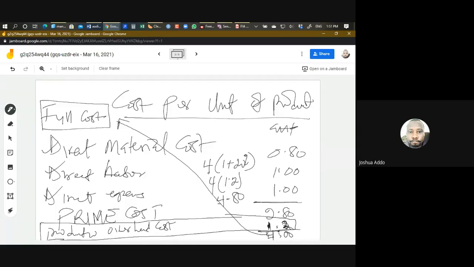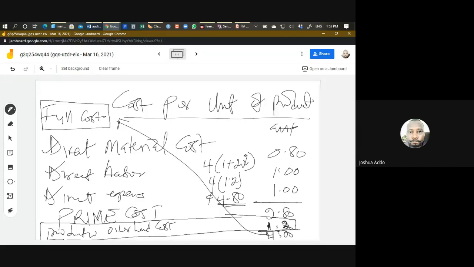Are you okay with this? Yes, sir. Good. So that is generally how we cost a product, and how selling price may be determined if we do profit loading on the cost. Okay, so that's just by the way.